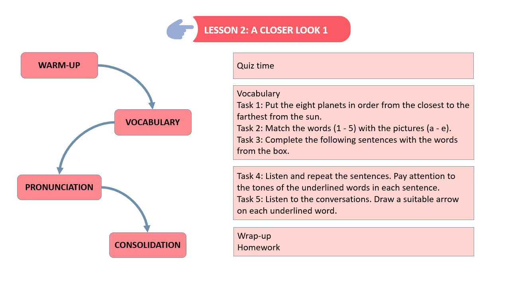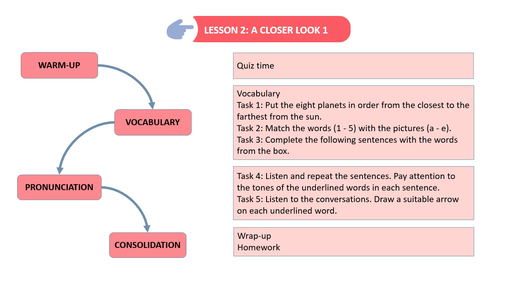The first one, you need to finish a quiz with 5 questions. For each question, you need to answer quickly within 30 seconds. The second part, you will learn some vocabulary related to the topic Life on Other Planets, and then you will practice 3 more exercises related to that.